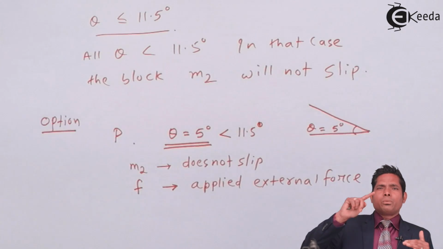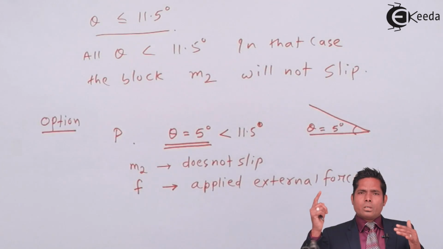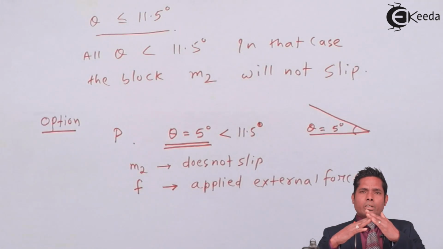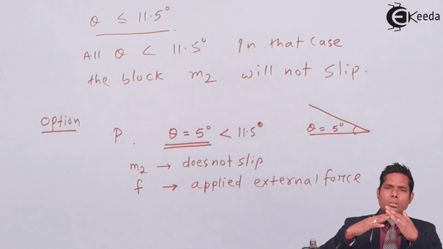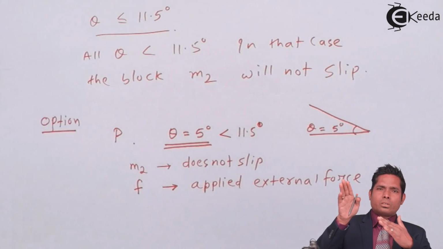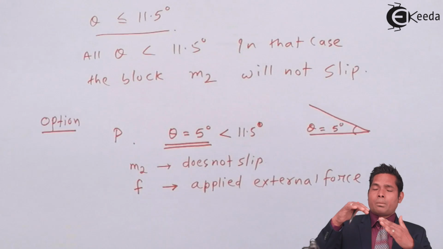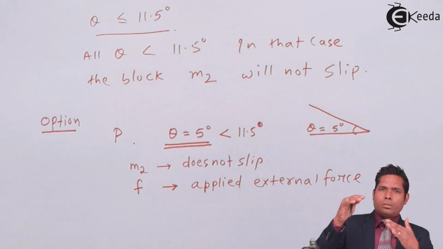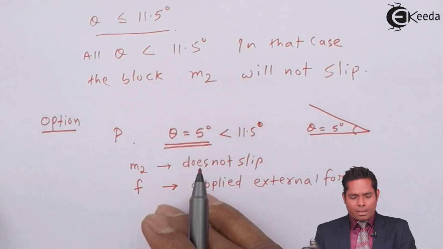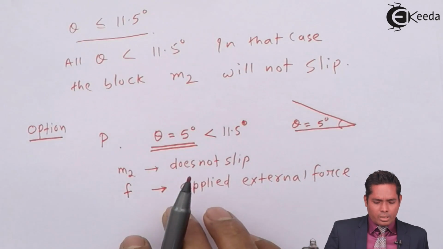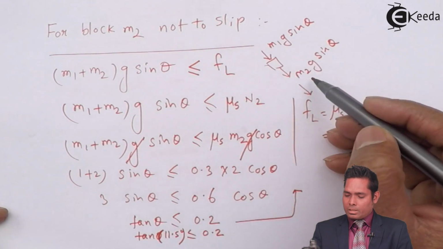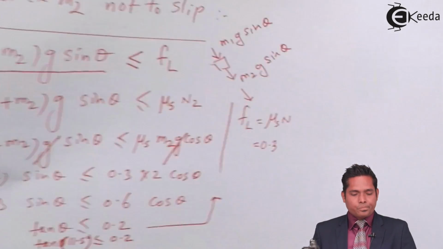You should not put the limiting friction, because the limiting friction may be more than the applied external force. The aim of friction is to keep the two surfaces in contact, so there should not be any relative motion. So the applied external force is counterbalanced by the frictional force within the limiting friction. The net external force acting in the general case is this plus this sine theta.